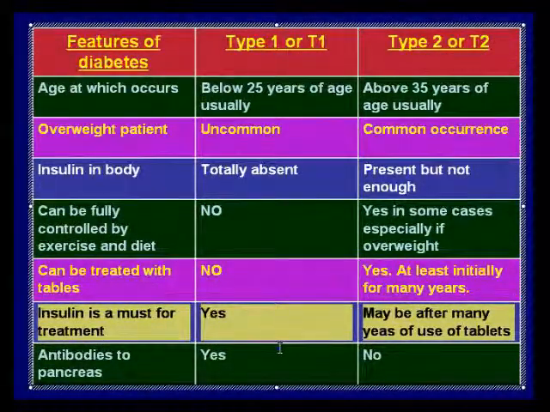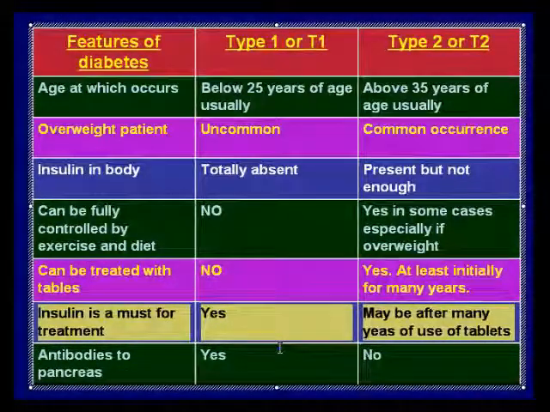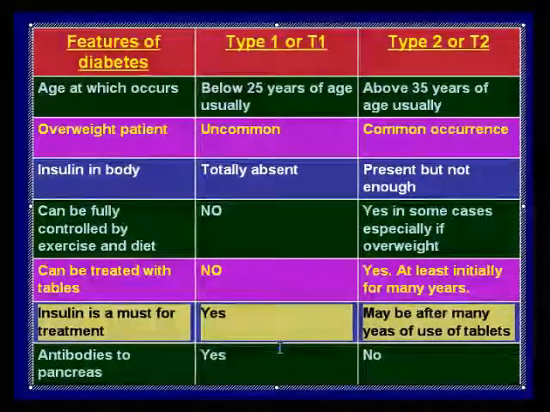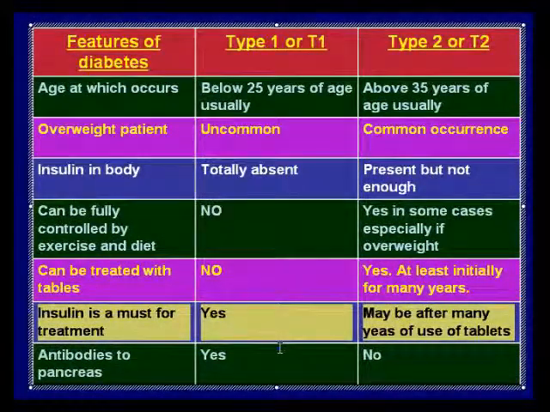We saw absolutely there is no insulin present in type 1 diabetes. So the only treatment for type 1 diabetes that is presently available is insulin injections. We saw that type 2 diabetes can be treated by diet, exercise, tablets, and then maybe insulin.